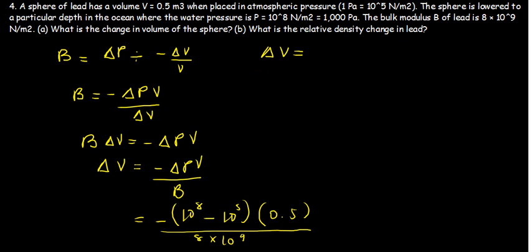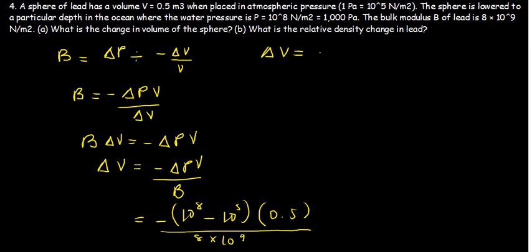That is going to give us 9.99 times 10 to the power 7. So if we subtract these two, we'll get 9.99 times 10 to the power 7, and we multiply by 0.5 and then divide by what is in the denominator there. So that is going to give us a change in volume.